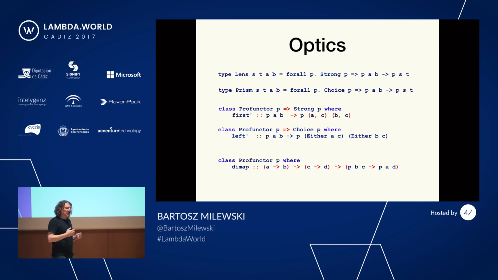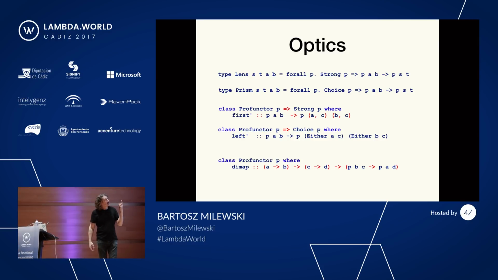But the important part of this, and this is why it's so useful, is that this is just a function. You see, this is a function from P A B to P S T. It's like a simple function. And the beautiful thing about functions is that you can compose them.